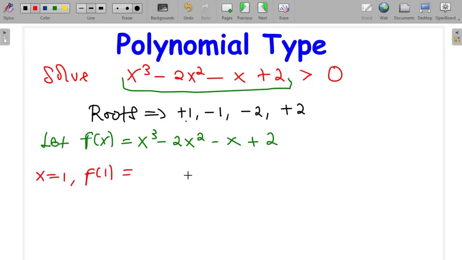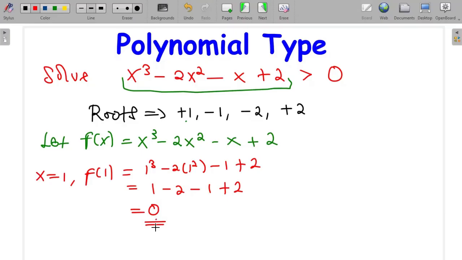If this gives me 0, then this guy here becomes a factor. It will be 1 to the power 3 minus 2 times 1 squared minus 1 plus 2. So this will be equal to 1 minus 2 minus 1 plus 2. And we see that this is equal to 0. So it means this guy here is a factor.